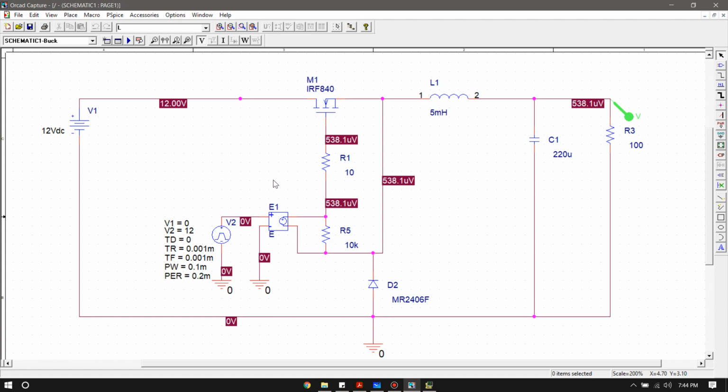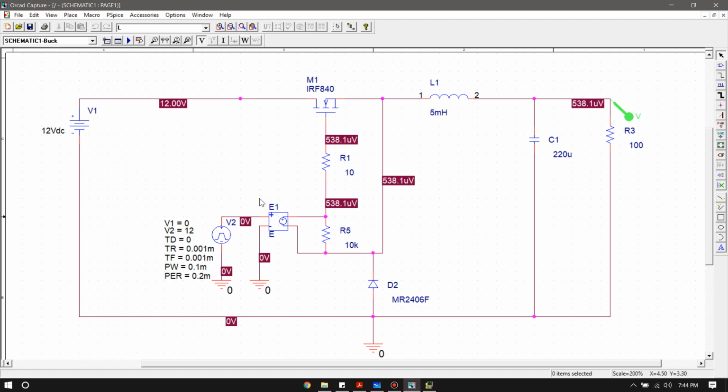And now we also have a voltage controlled voltage source here. To explain that, let me get back to the whiteboard. We are connecting our pulses to our switching device, the MOSFET, through a voltage controlled voltage source. The reason we are doing that is because of the internal structure of the MOSFET.